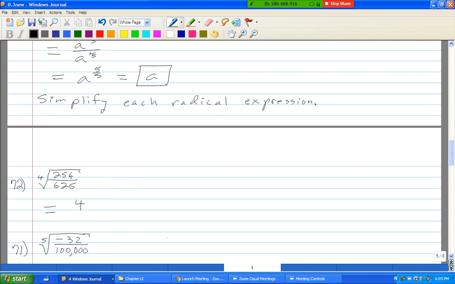And so the 4th root of 256 is 4 over the 4th root of 625. 5 times 5, 25, times 5, 125, times 5, 625. So the 4th root of 625 is 5. Therefore, the 4th root of 256 over 625 is 4/5.